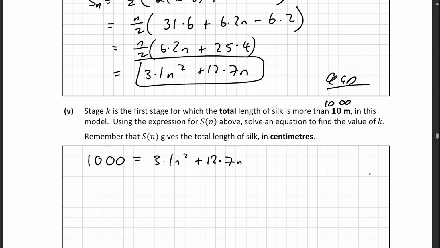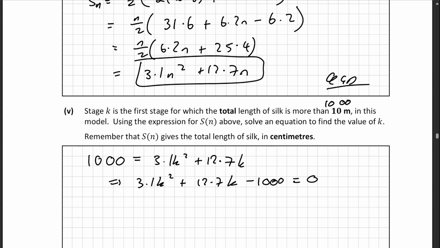Now it says k, so actually we'll use k instead of n. So that implies that 3.1k squared plus 12.7k minus 1,000 equals 0, just shoving everything onto the right hand side there. Now, solving this, okay.